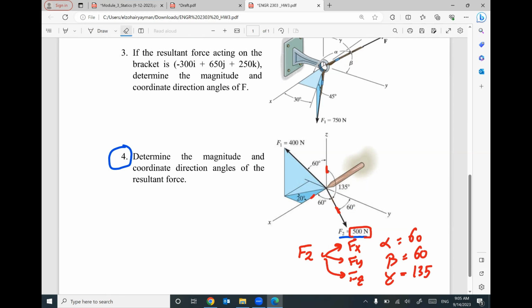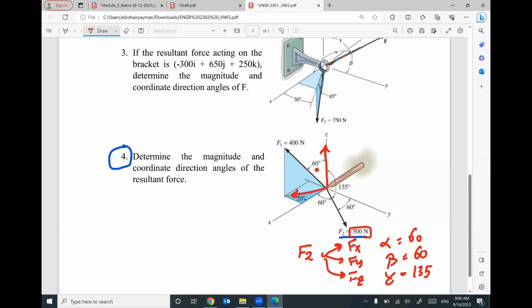Looks good. For F1, which is 400, we are given the projection line. Can you see this projection line? So I will break F1 between the projection line and your Z axis. It's very easy. Just tell me which angle is between the 2 red lines. It is 60, this one.